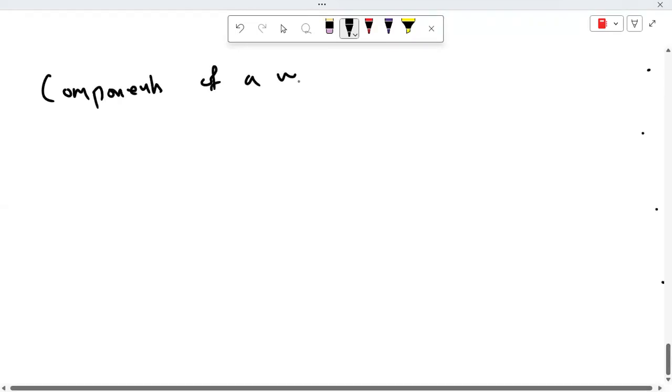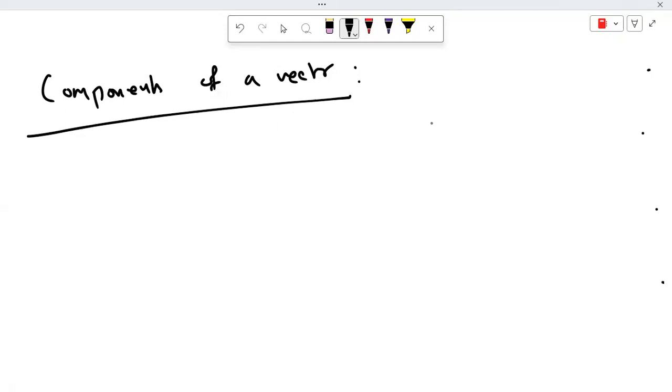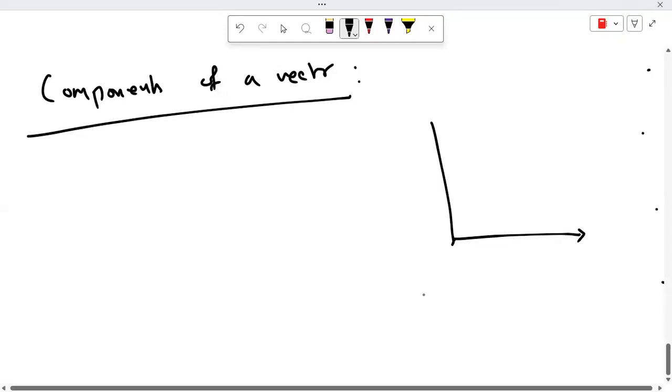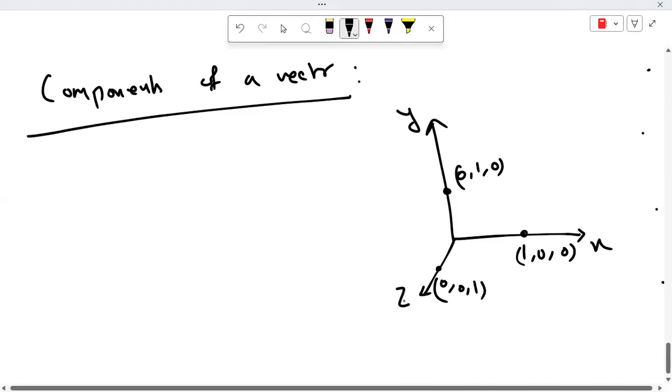Components of a vector. Okay, here first listen.